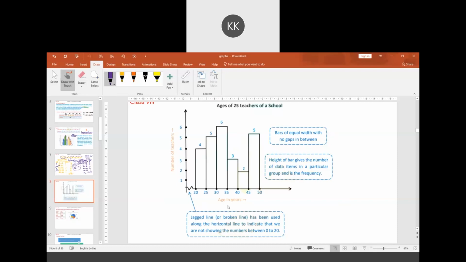X-axis is labeled as age in years, and y-axis is labeled as number of teachers. And here there is a title. This is called a title. So this title will indicate that it is data related to ages of, they have given, 25 teachers of a school.